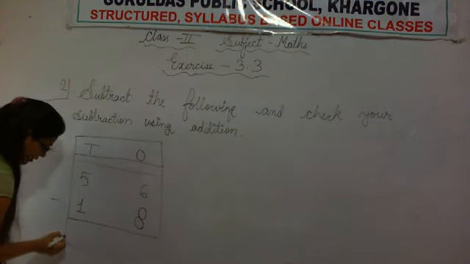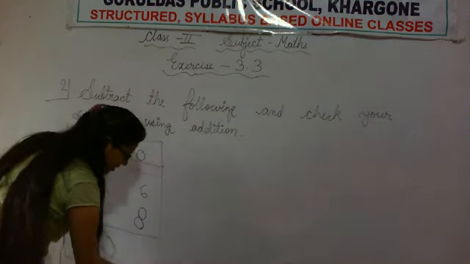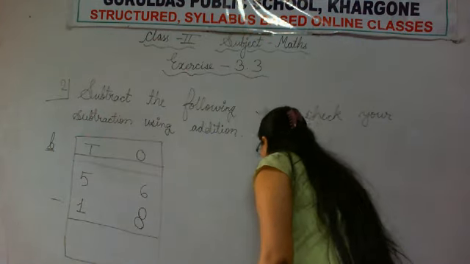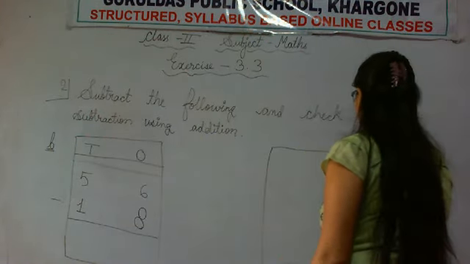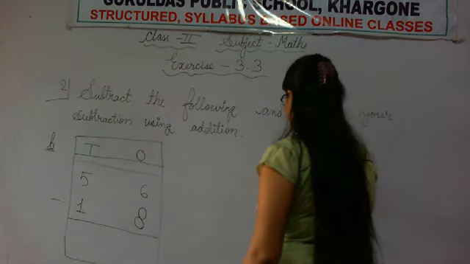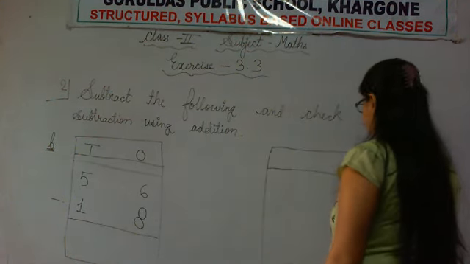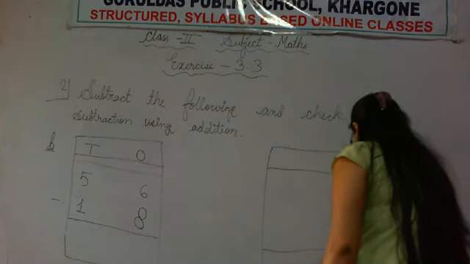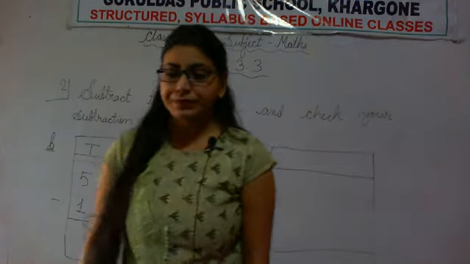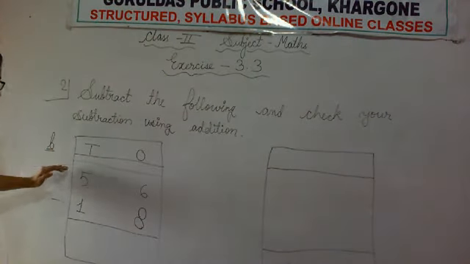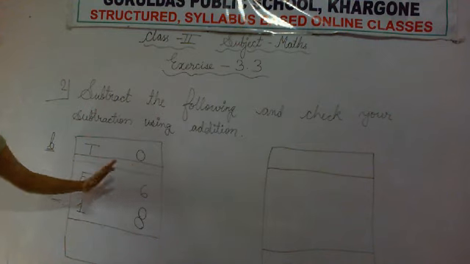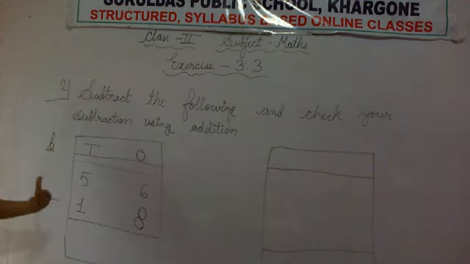Now we'll make another table for checking our answers. So let's make that one also. First of all, let's perform the subtraction. We'll subtract ones from ones first, then tens from tens.